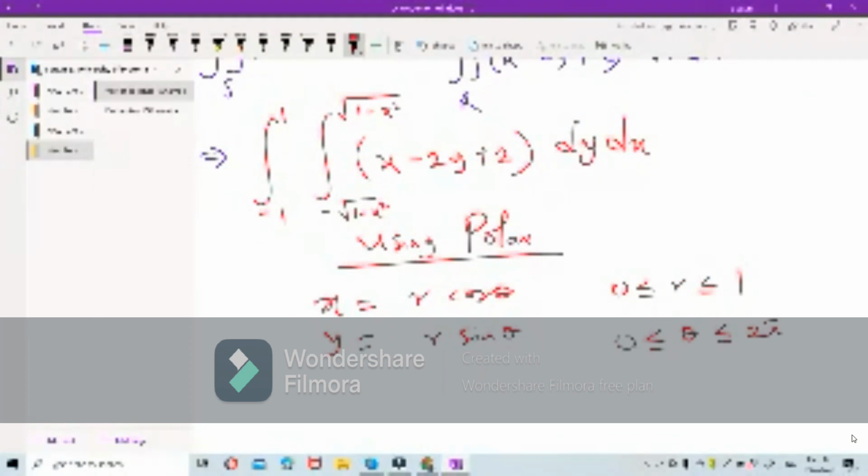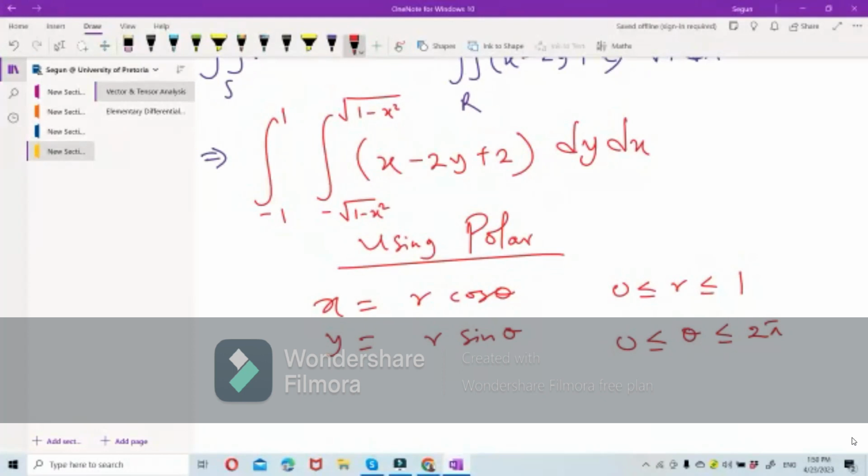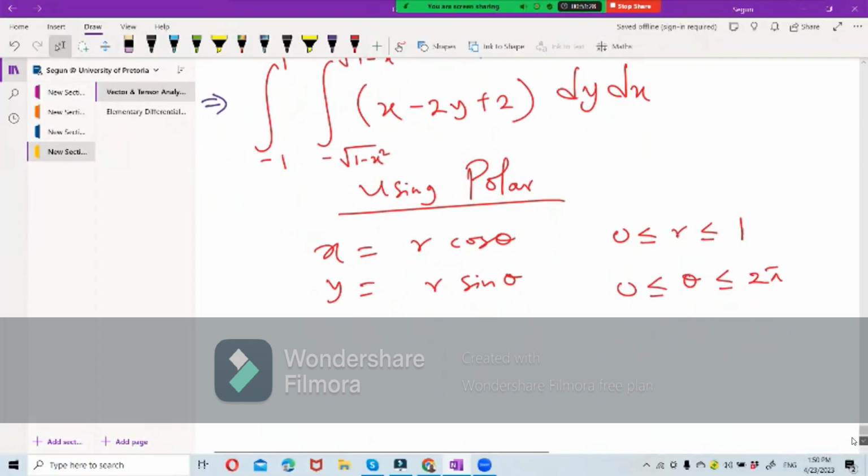Then I can now go ahead and substitute this in here. To convert everything, I'll take it step by step.